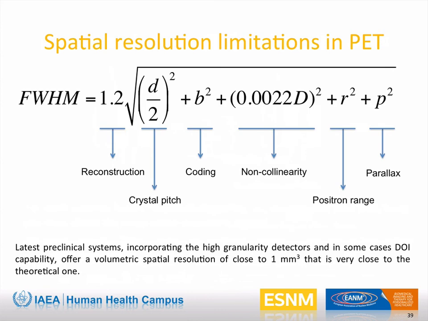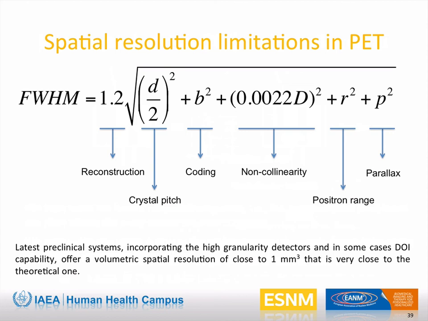By taking into account both physical effects and the technological limitations, the best achievable spatial resolution in PET can be summarized with the following formula, where 1.2 is a term related to the further degradation of the point spread function due to the non-uniform sampling of the lines of response in the field of view, and the image reconstruction process.